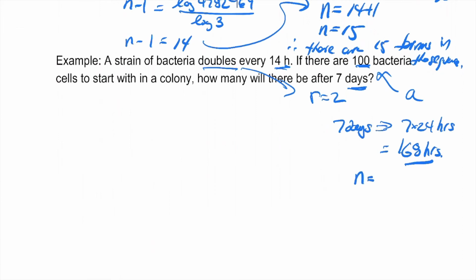To determine my n value, in other words, how many times it's doubling, we're going to have to take 168 hours divided by 14 hours. 168 divided by 14 is 12. So really we're saying that within the span of 7 days, this bacteria is doubling 12 times.